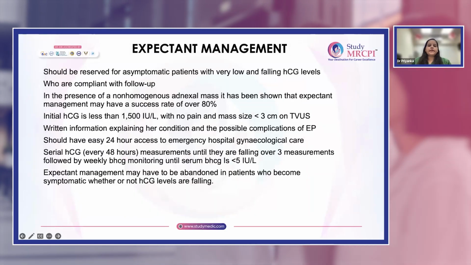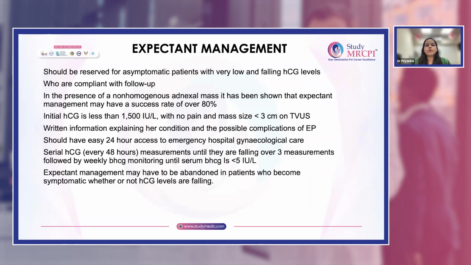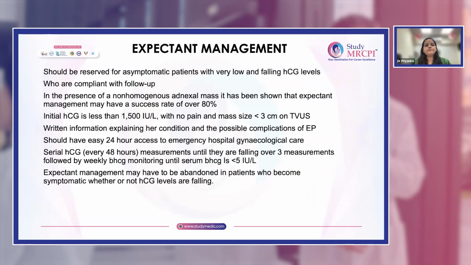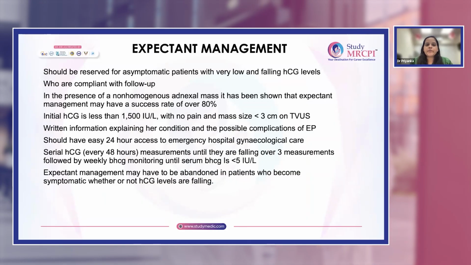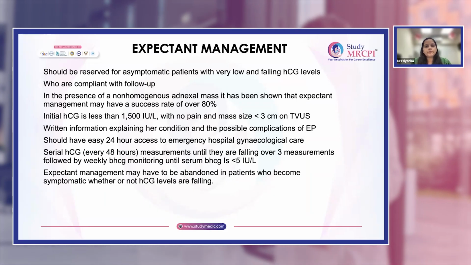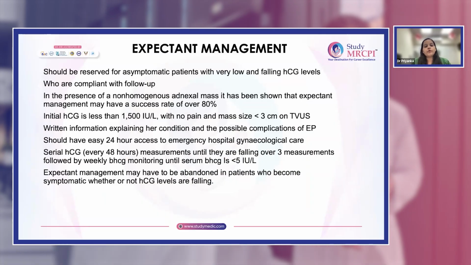Now, what are the criteria for different types of management? There are three types of management of ectopic pregnancy: expectant, medical, and surgical. For expectant management, the patient should be asymptomatic. There shouldn't be any pain, preferably, and the HCG value should be very low and falling.